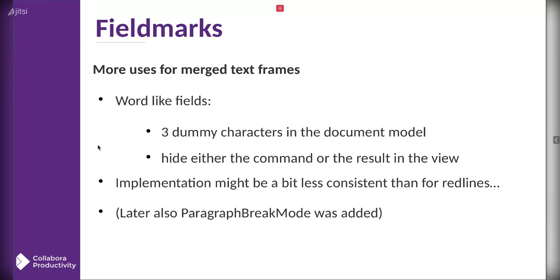So in the document view, you get a single paragraph. And this is now also implemented using the merge paragraphs in Writer. So we have three different things now that use merge text frames. And there are three different view settings to control these things.